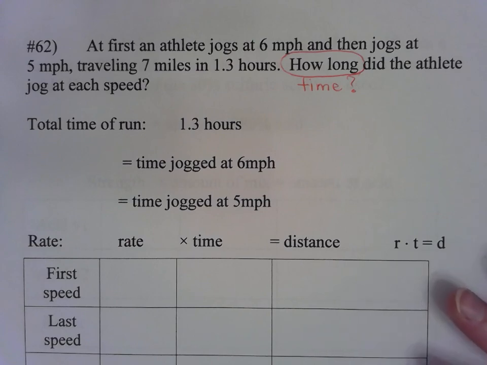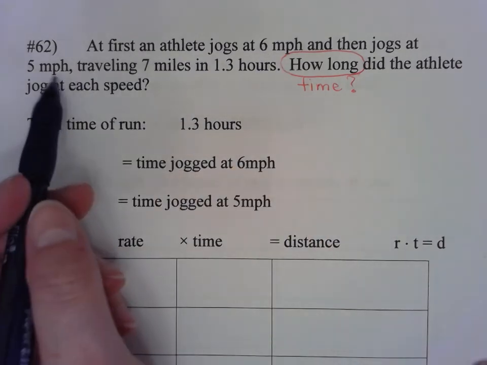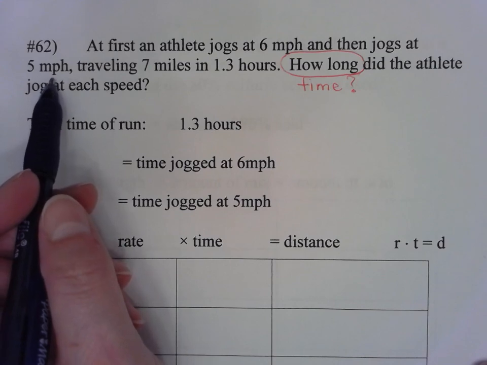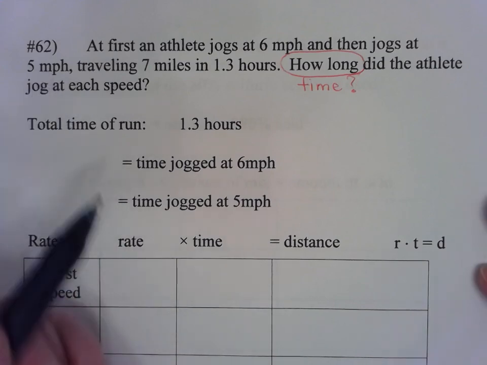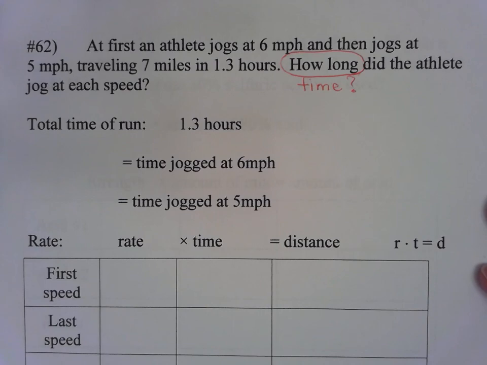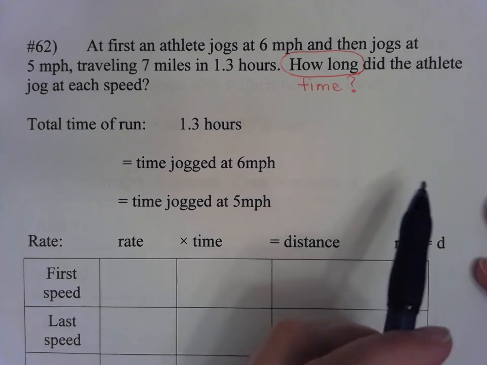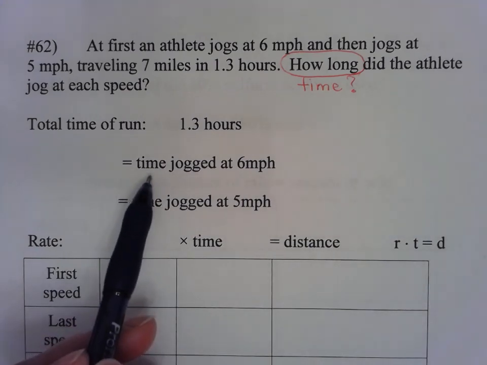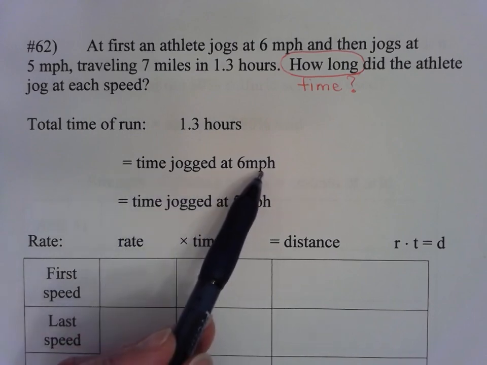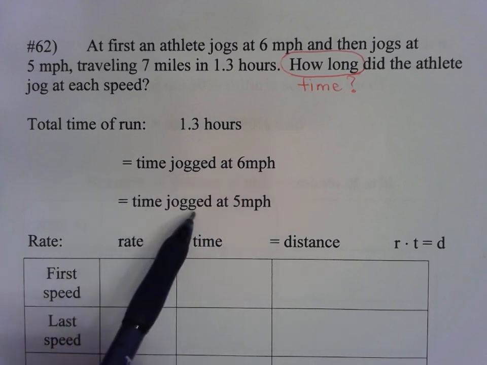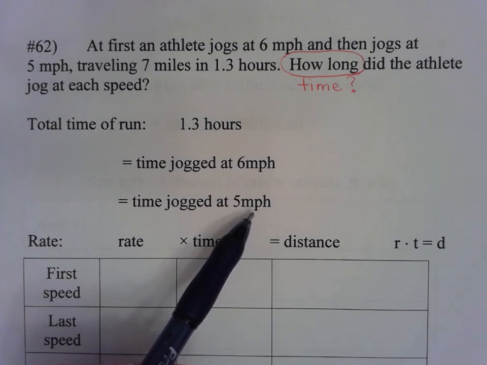So maybe you can picture this, right? This person is jogging. I hate running, so they're jogging, right? And then after some time, they get tired and they slow down, from 6 miles an hour down to 5 miles an hour. So we need to represent both how much time was jogged at 6 miles an hour and how much time was jogged at 5 miles an hour.